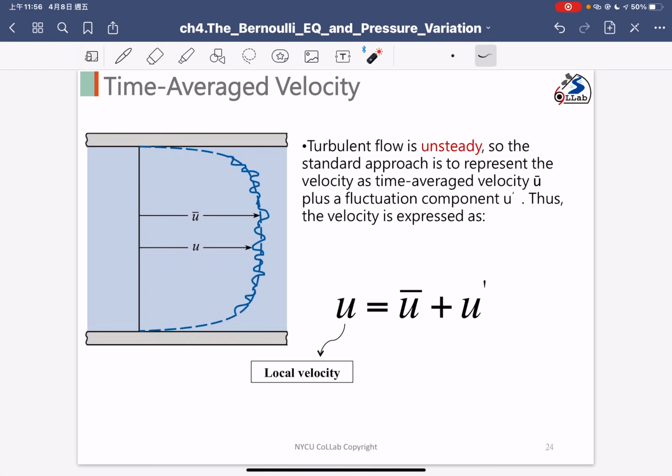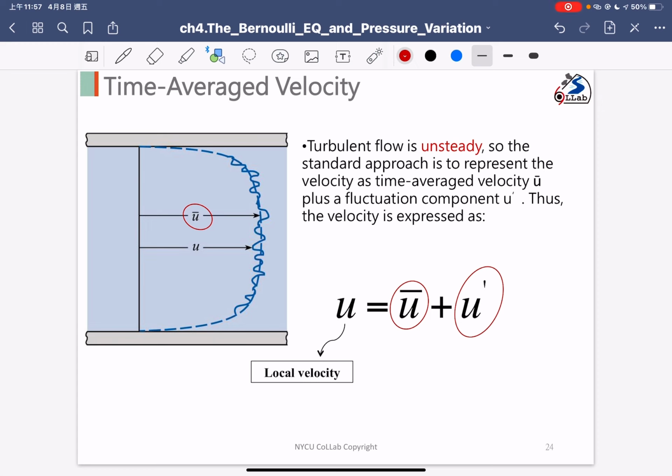So usually we calculate the average velocity, and we have the additional u prime, the disturbed velocity. So how can we determine the turbulent flow velocity magnitude? We use the average velocity plus u prime, and u prime is the randomly disturbed velocity magnitude.